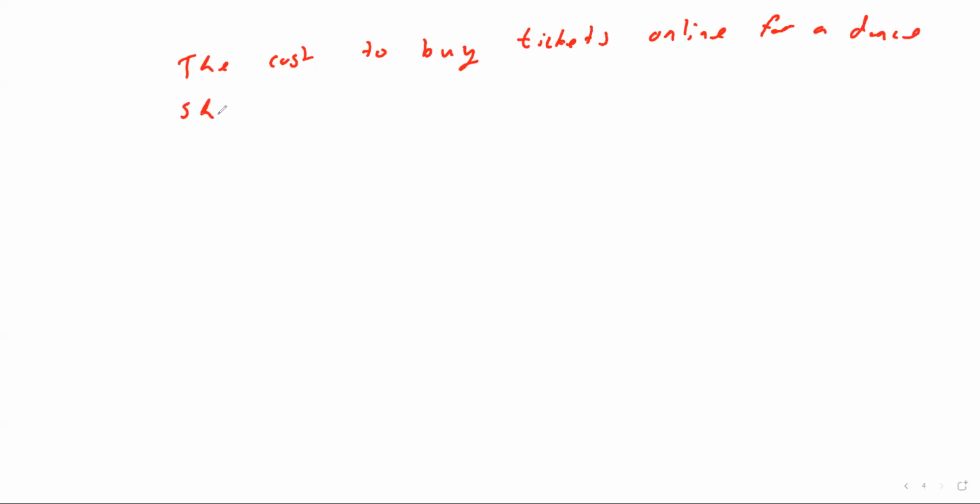All right. Looks like there's a word problem that we're going to have to work through. So this says the cost to buy tickets online for a dance show is $60 per ticket.